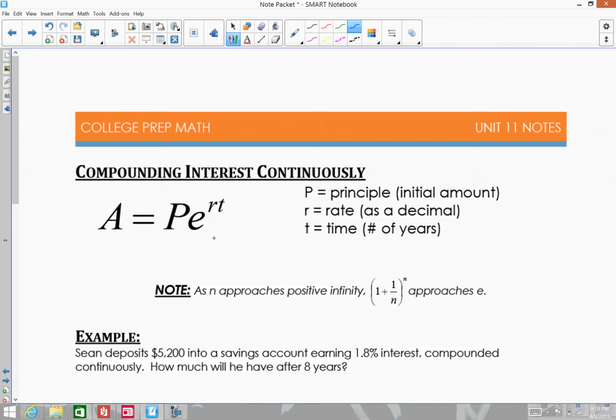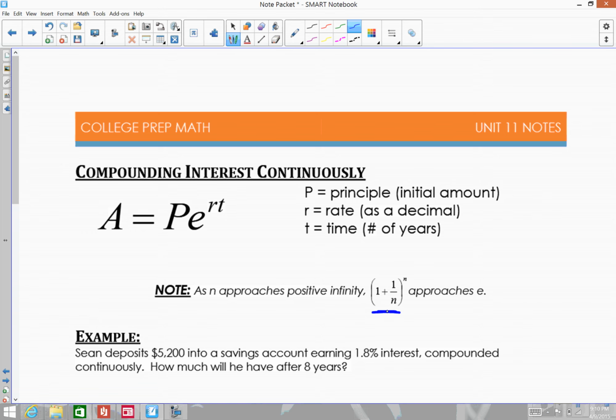And in order to represent that with a number, instead of using this 1 plus r over n to the n times t, basically what we do here is we can use e, because as n gets bigger and bigger towards infinity in this situation where 1 plus 1 over n all raised to the n, as n gets bigger and bigger and bigger, what's going to happen is this whole thing approaches the number e.